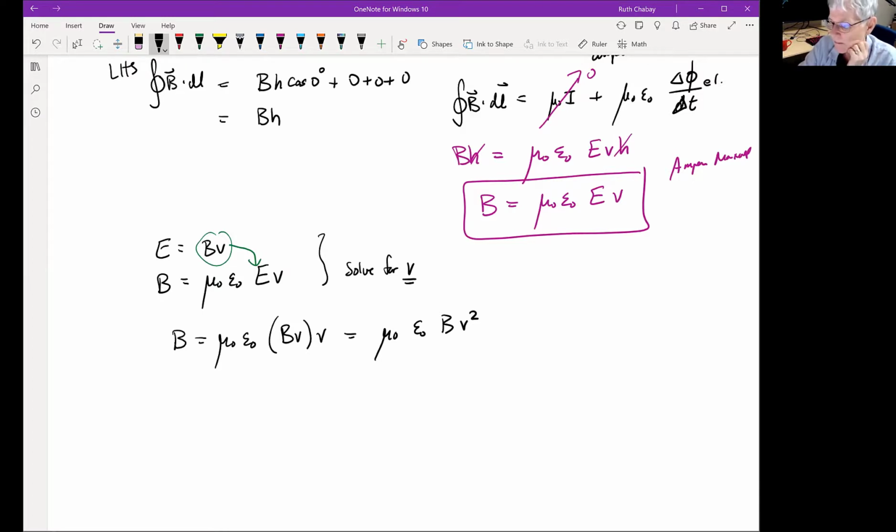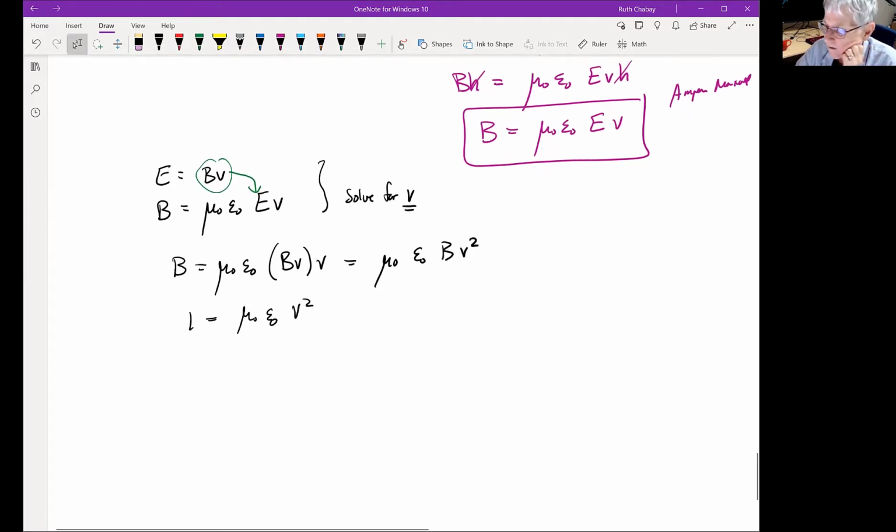And we can just divide by B here. So we get 1 equals mu 0 epsilon 0 v squared. So it looks like v is going to be the square root of 1 over mu 0 epsilon 0 in order for this to work out.